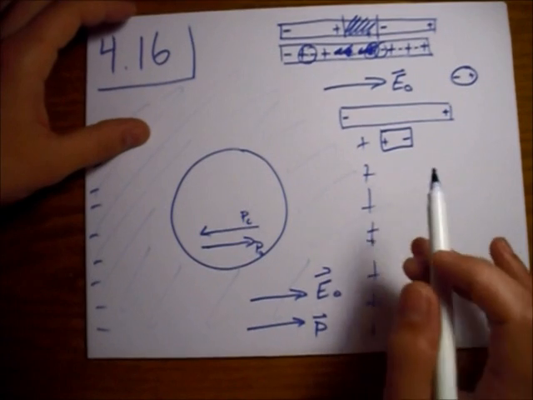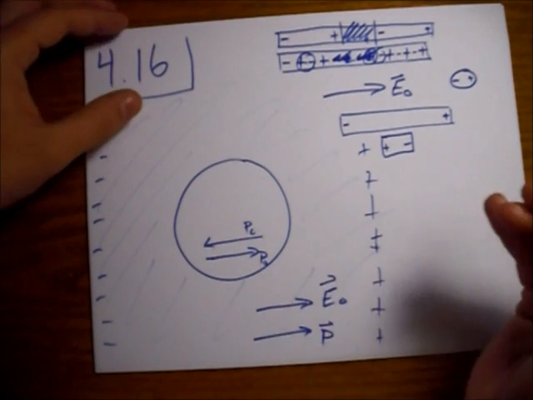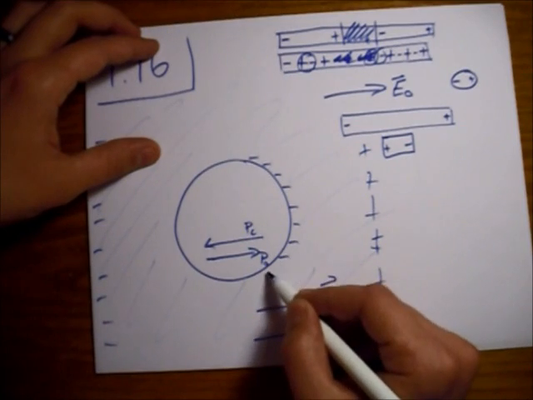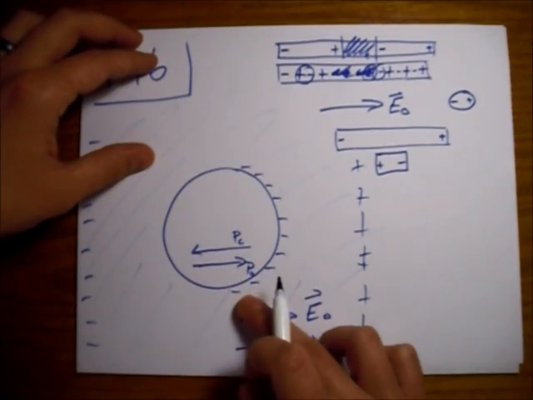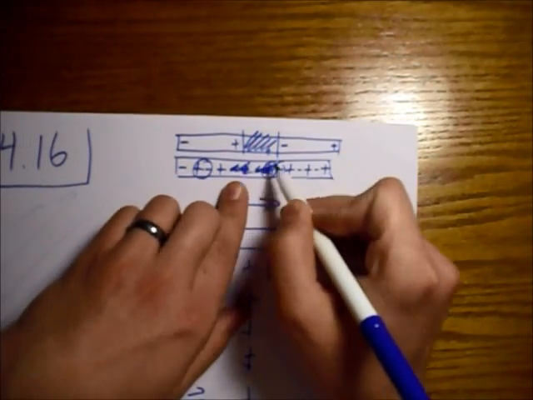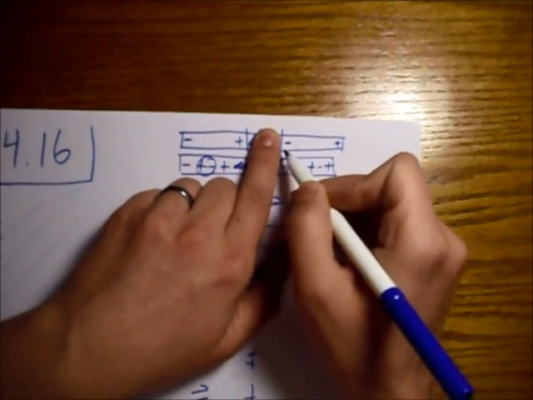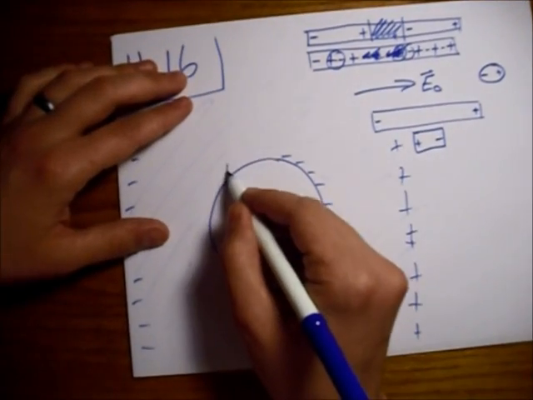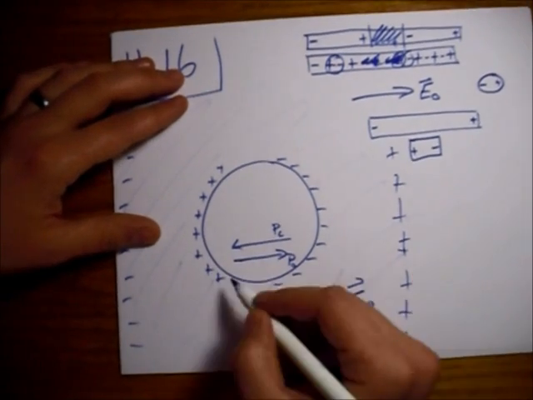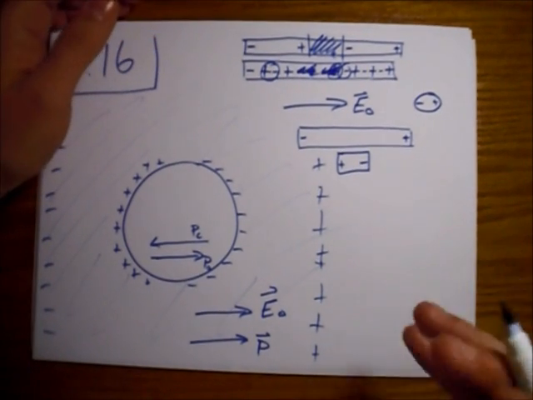And so basically what we end up with is just a bunch of the opposite bound charge right here, right? Remember when we took this piece out, there was nothing left to cancel this minus sign right here. So now there's an extra minus sign stuck on this side and an extra plus sign stuck on this side. So we get the minus and the plus.